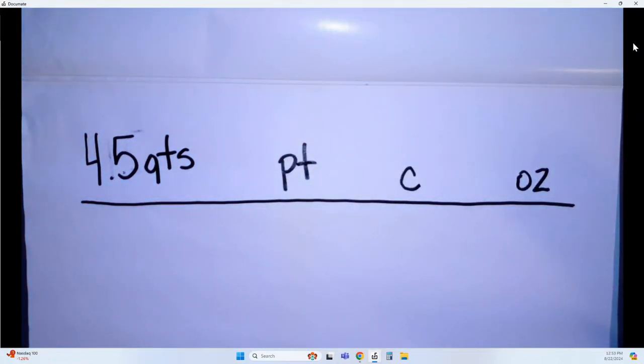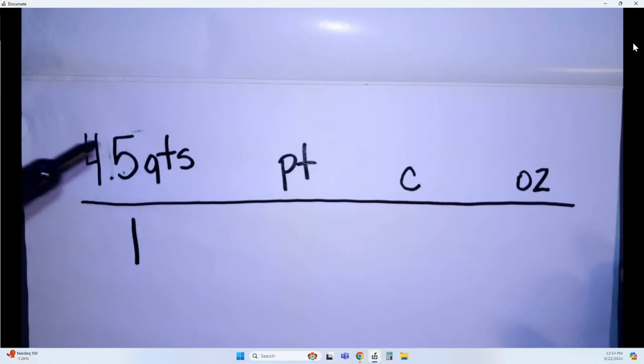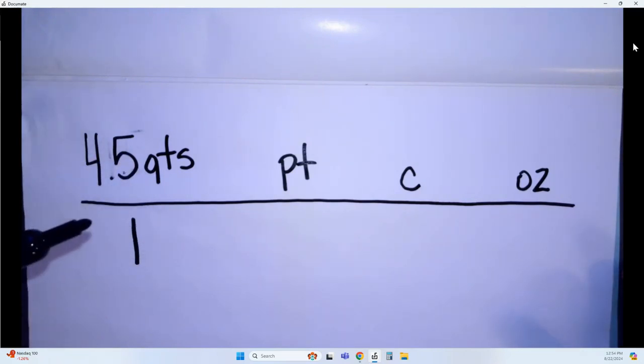Now that I've built that, I'm going to build numbers below my line. Underneath what they give us, 4.5 quarts of lemonade, I'm just going to put the number 1, because if I look at this like a fraction or a division problem, 4.5 divided by 1 still gives me 4.5. So nothing changes here.